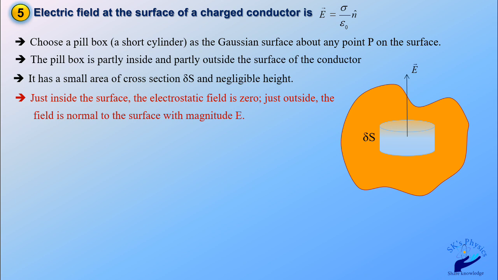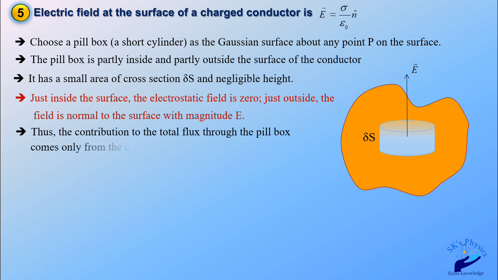Thus, the contribution to the total flux through the pillbox comes only from the outside circular cross section of the pillbox.